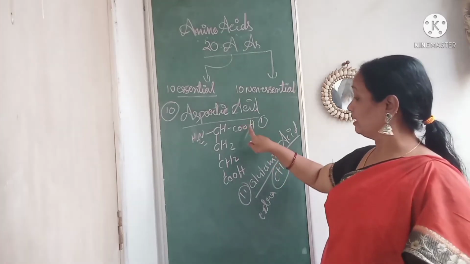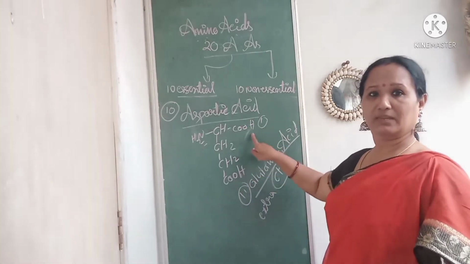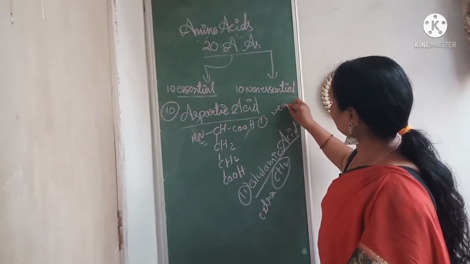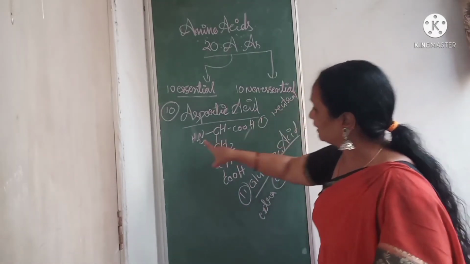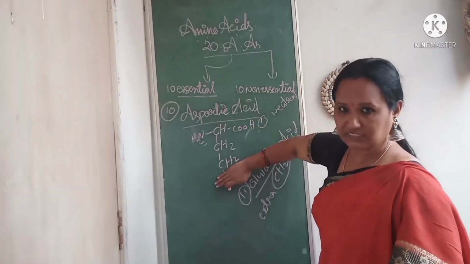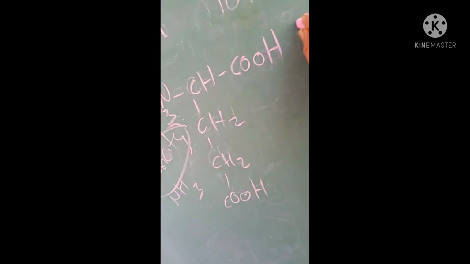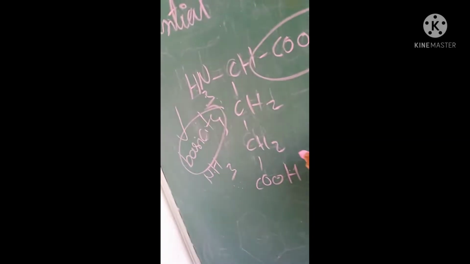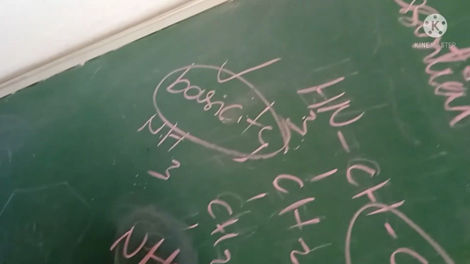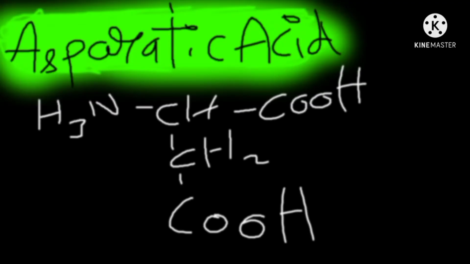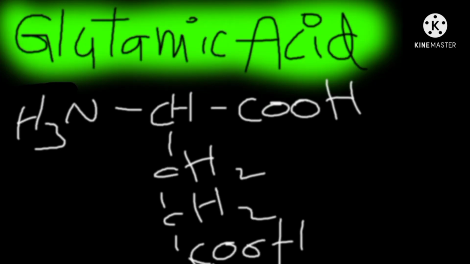In general, an amino acid containing one carboxyl group and one amino group is neutral. As more carboxyl groups are added, acidity increases. The more carboxyl groups, the more acidity, just as the more amino groups, the more basicity. Here we can observe CH2COOH, one carboxyl group, whereas in glutamic acid it is CH2CH2COOH.